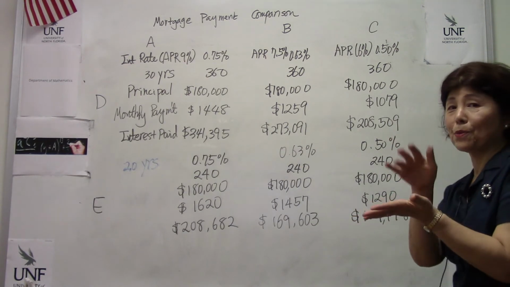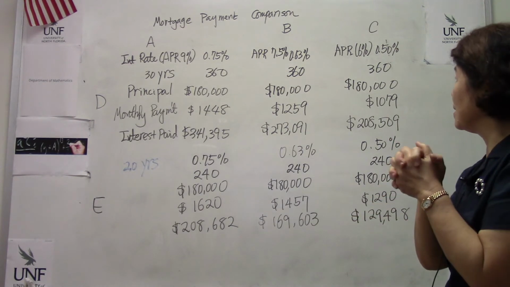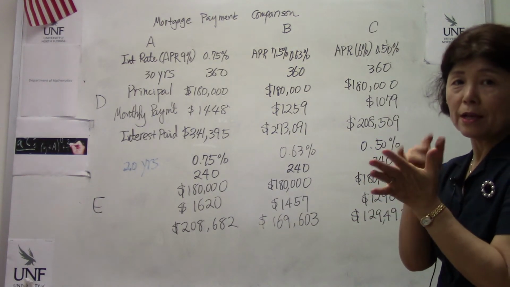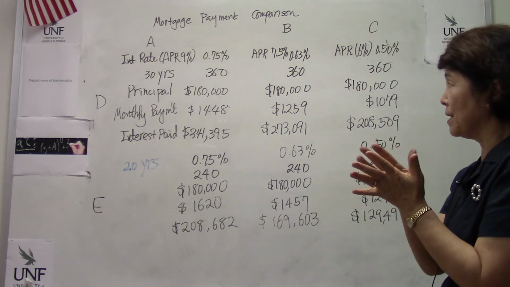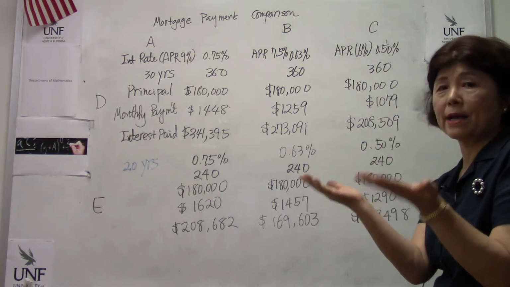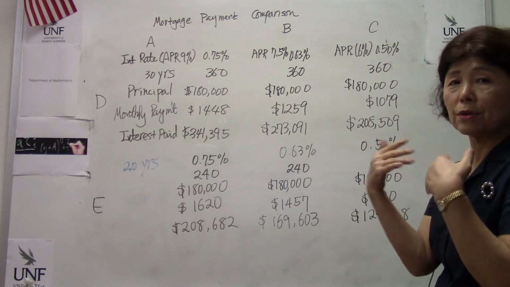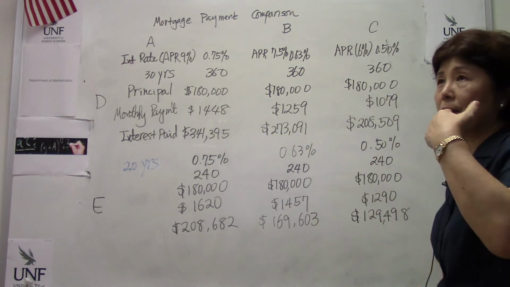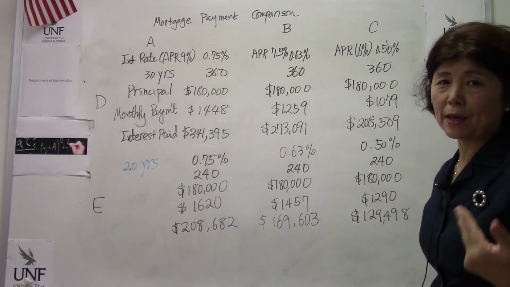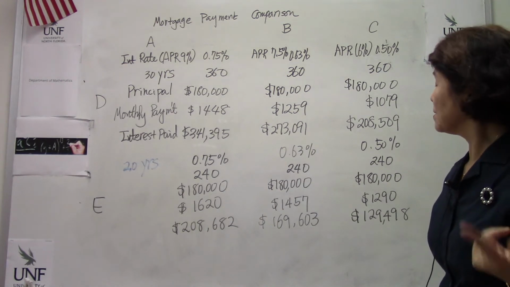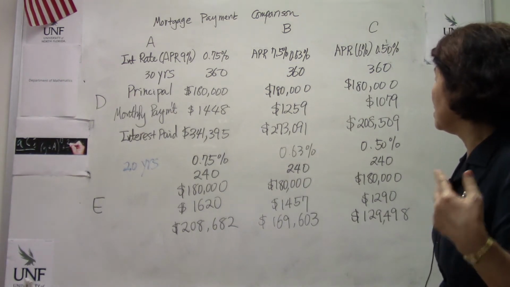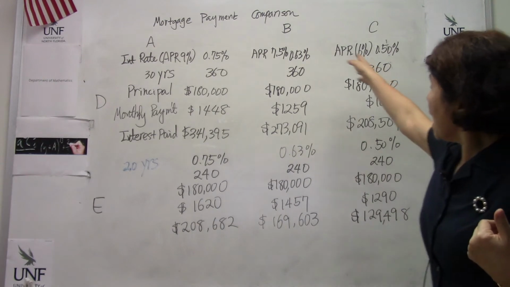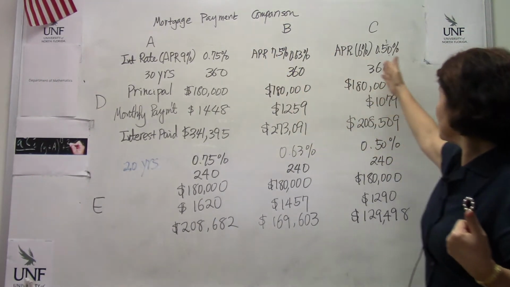Yes, time has to be on your side. The next one is your credit score. If your credit score goes higher, that means the bank regards you as a more trustworthy person. Okay, you look like you are going to pay us back, so I can give you a lower rate. So anyhow, these are three different interest rates.